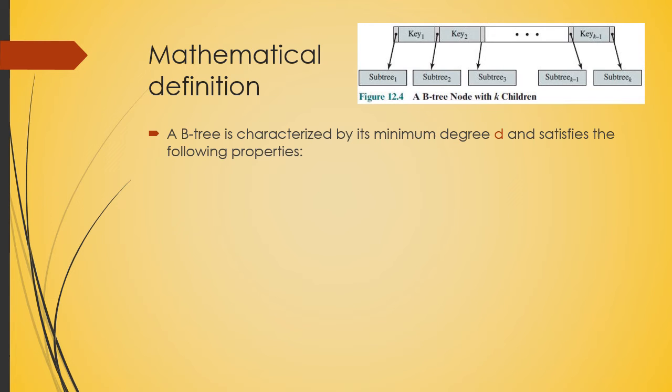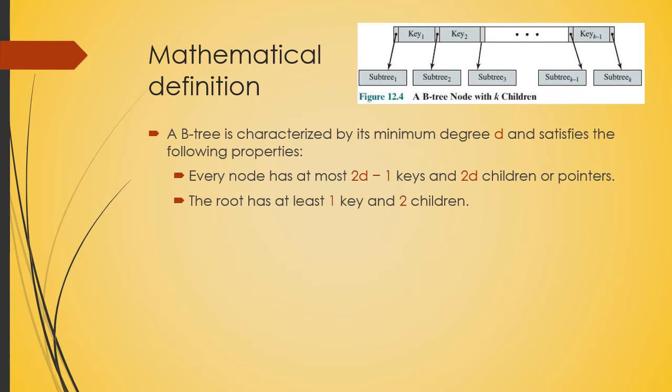Mathematical definition. A B tree is characterized by its minimum degree D and satisfies the following properties. Every node has at most 2D minus 1 keys and 2D children or pointers. The root has at least one key and two children.